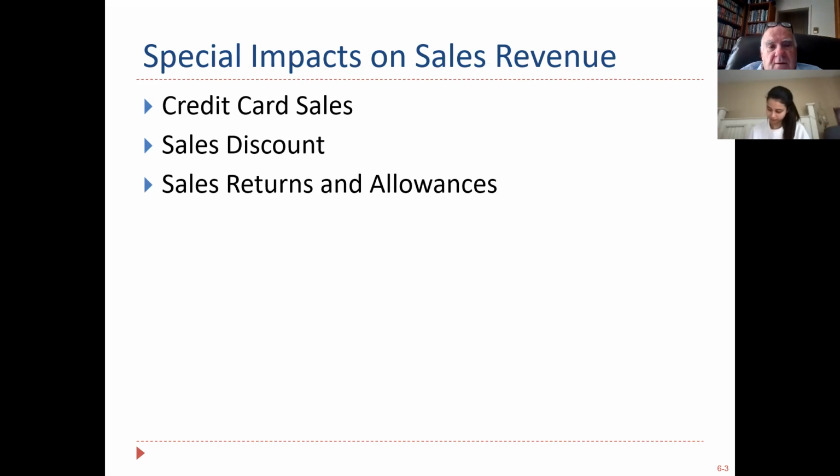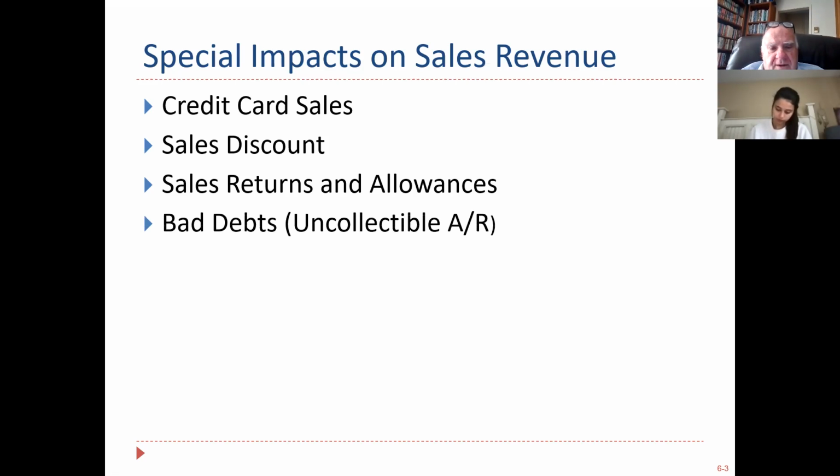But we need to reduce our gross sales once in a while. We've been talking about net sales, right? We're going to start with a higher number, what's called gross sales, and then by subtracting these contra accounts out, we're going to come down to net sales.